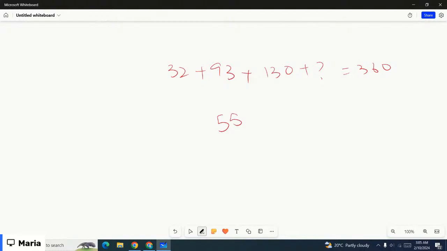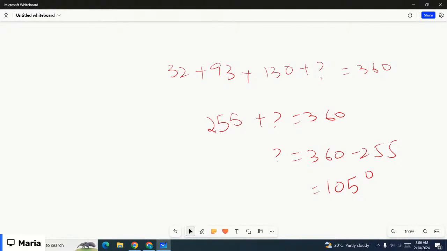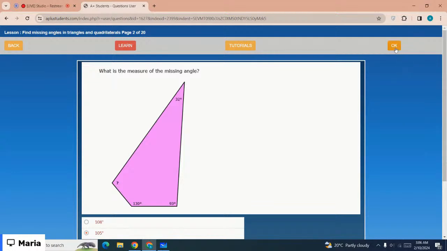That is 255, right? Plus the missing angle equals 360. Just subtract 255 from the other side, right? That equals 105 degrees. That means the missing angle is 105 degrees. Got it?